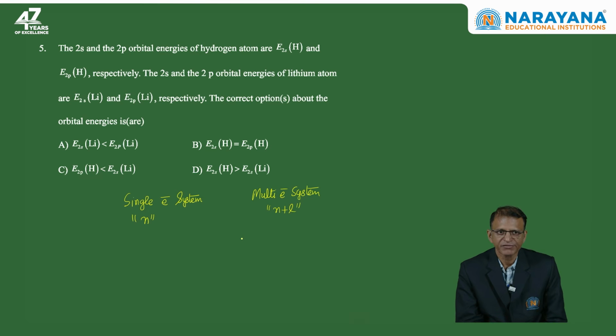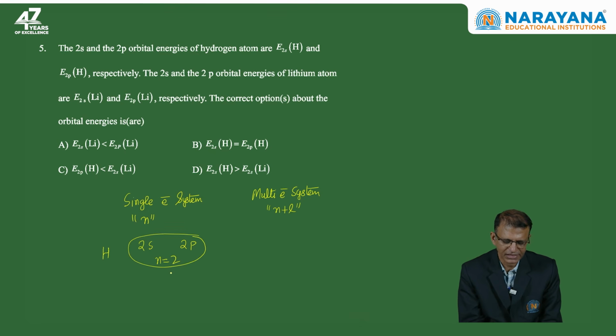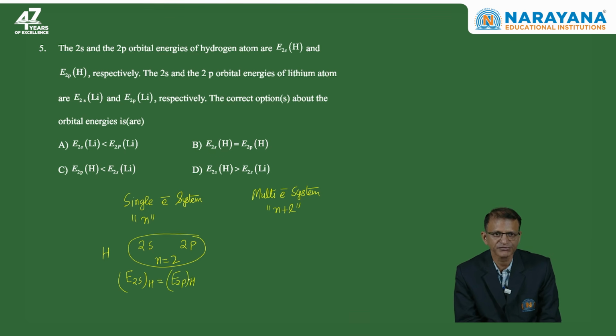So when we are discussing the hydrogen atom, for 2s and 2p, the value of n is 2. So for the hydrogen atom, if the principal quantum number is the same, the energy will be the same, right? So from here we can say that the energy of 2s for hydrogen is equal to the energy of 2p for hydrogen, right? So if we look at option B, it seems to be correct.